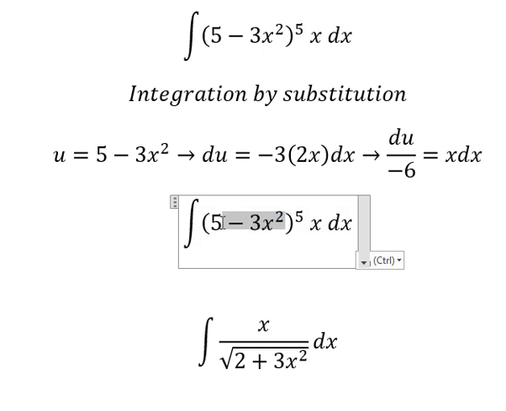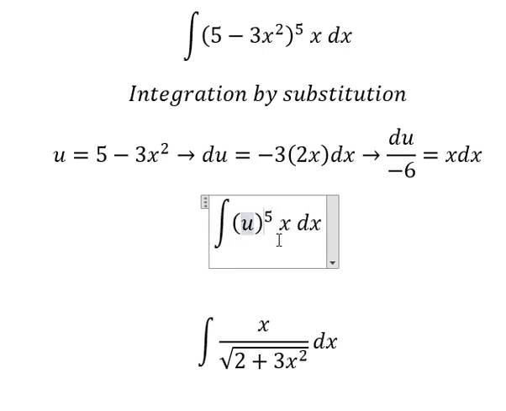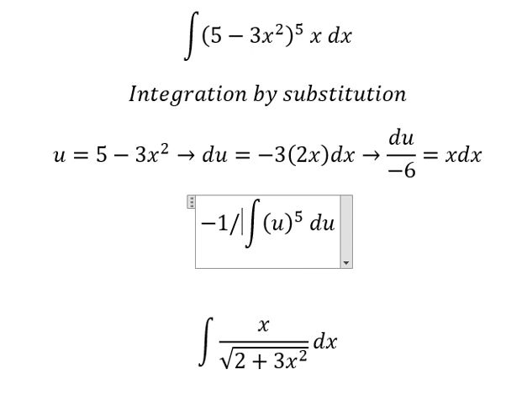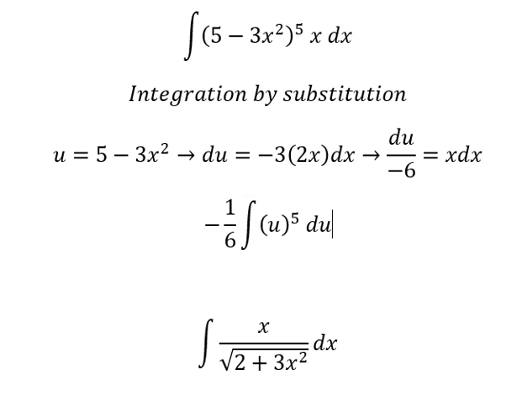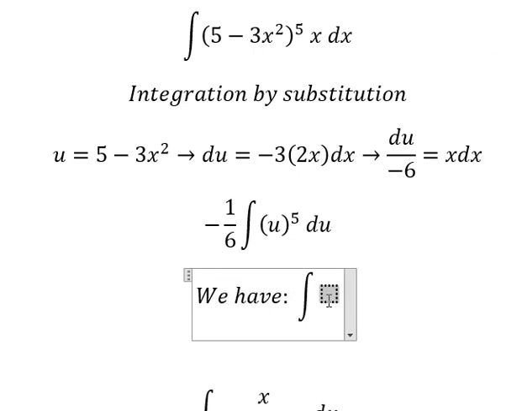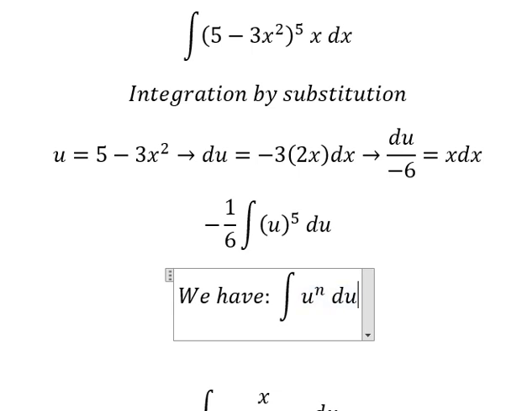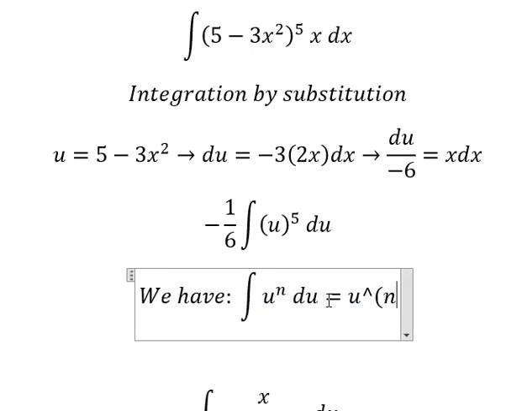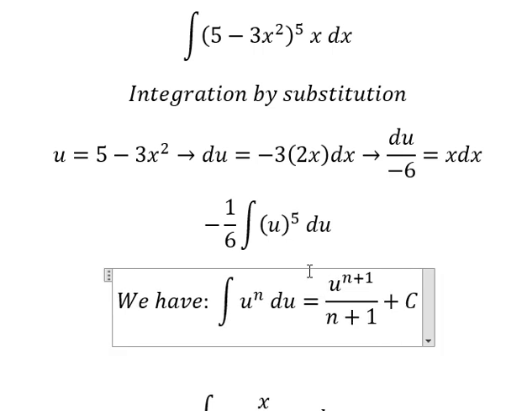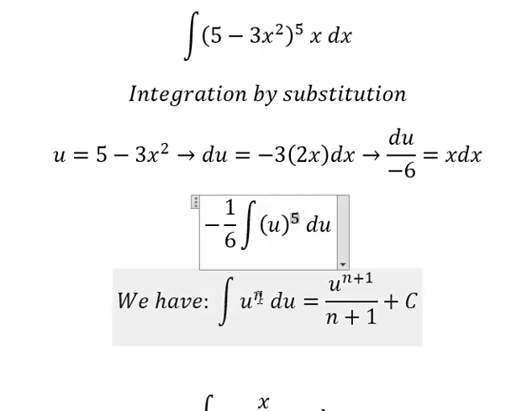So this one we change for u. The s we change for this one. Now we have the formula in here. So we put number 5 gone here.